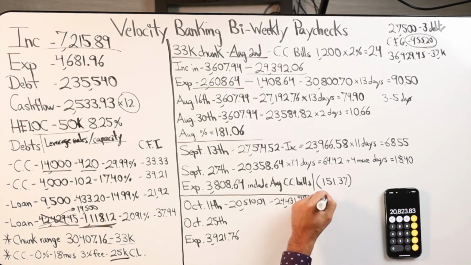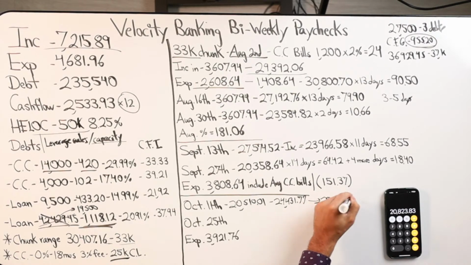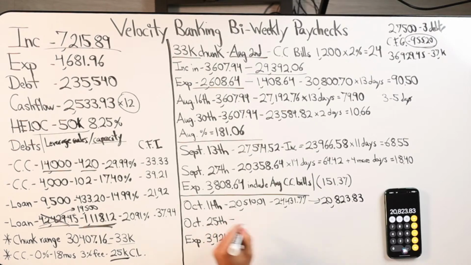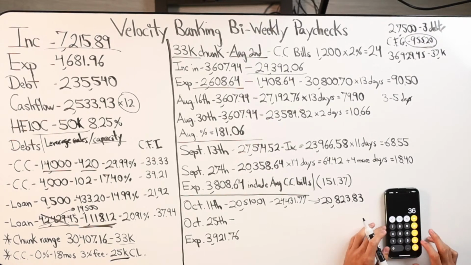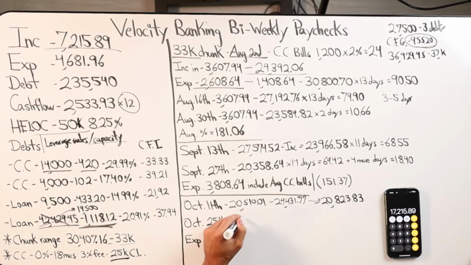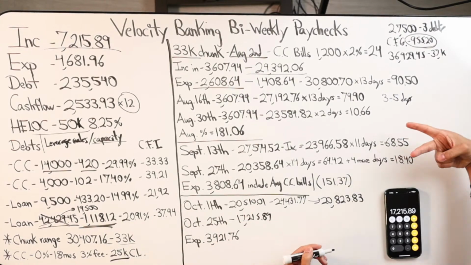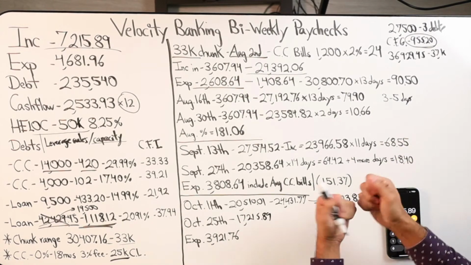So 20,823.83. October 25th, money goes in again, 360794. 17,215.89.